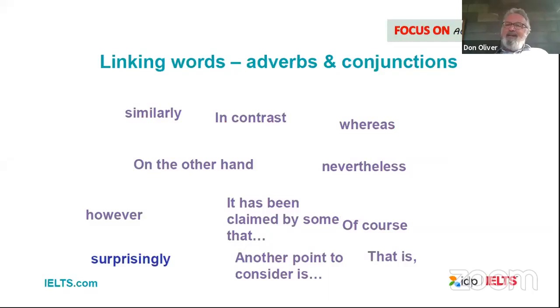If we're looking at other elements of coherence and cohesion, the linking devices, here are some examples. Very often they are adverbs, like similarly or surprisingly. Very often they are conjunctions, words that link 2 clauses together. Whereas, however.